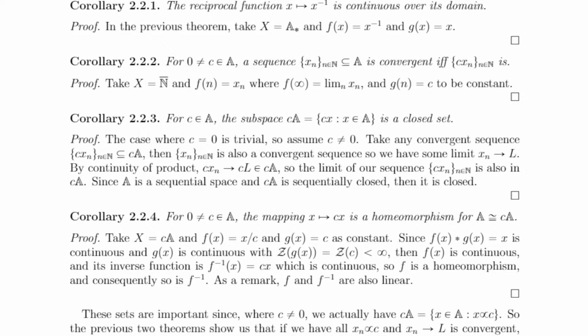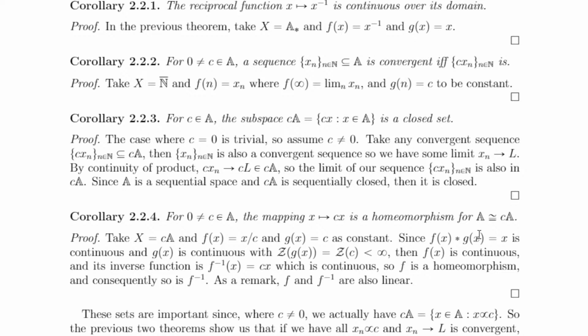Okay, so the last corollary that we have for our theorem about the continuity of cancellation is if we take any non-zero c value, this mapping, which maps x over to c times x, is a homeomorphism from the space A over to the space c times A. And so that means it is a continuous bijection, and its inverse function is also continuous.